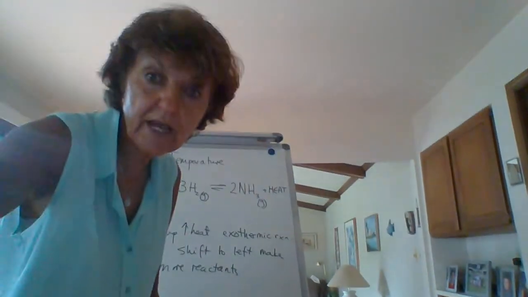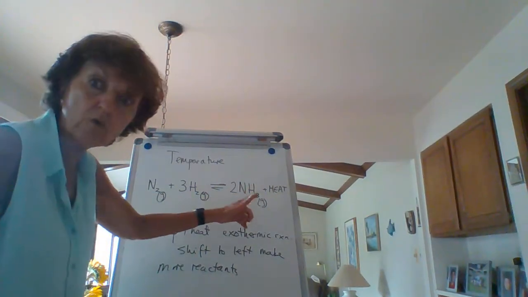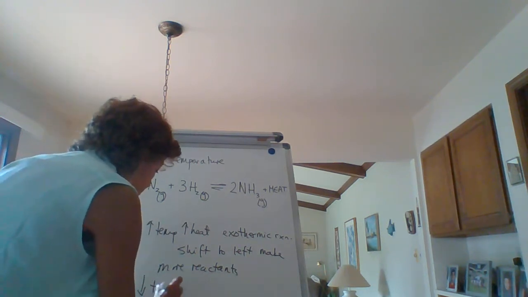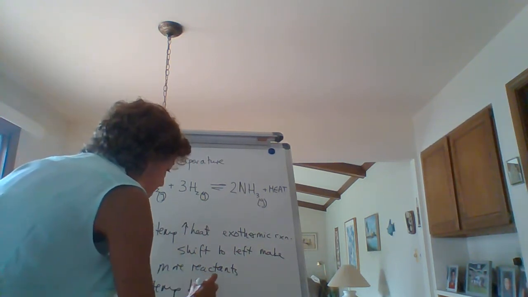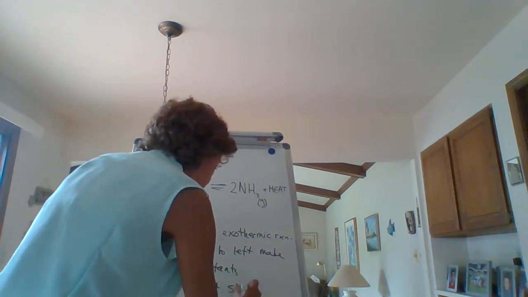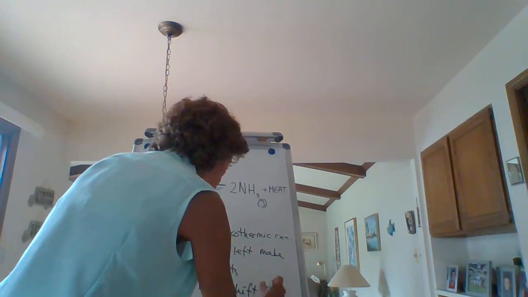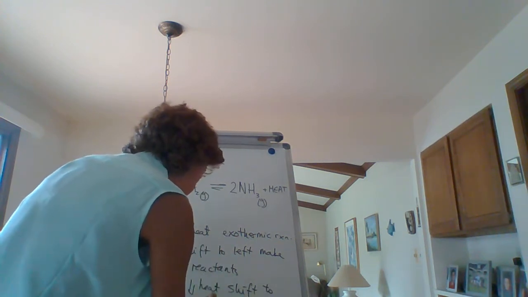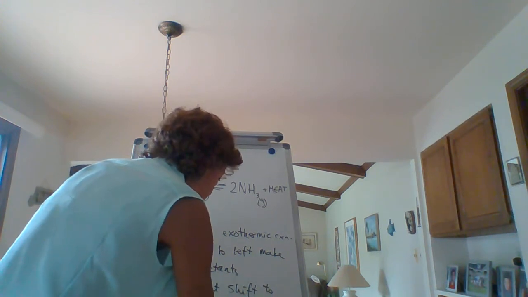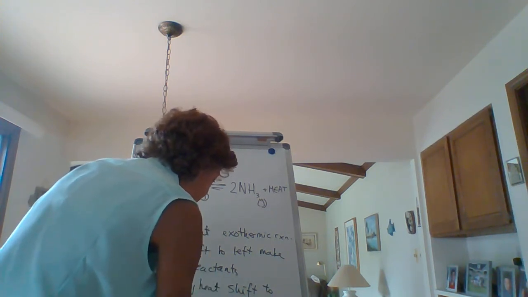So this reaction, if you want more ammonia, you're going to have to reduce the temperature, which means reducing the heat, and it's going to end up shifting to the right to make more product.